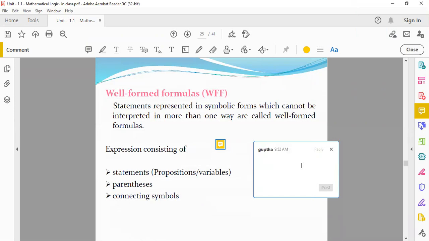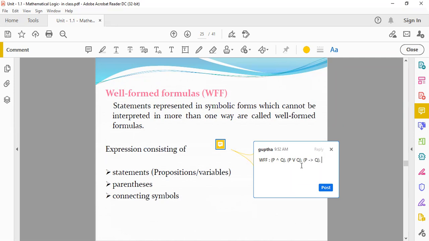Okay, so a simple example of a well-formed formula is P and Q. It's a well-formed formula. If I have two statements, then this is one example. Another is P or Q, and this is also a well-formed formula. One more: P implies Q. This is also a well-formed formula.